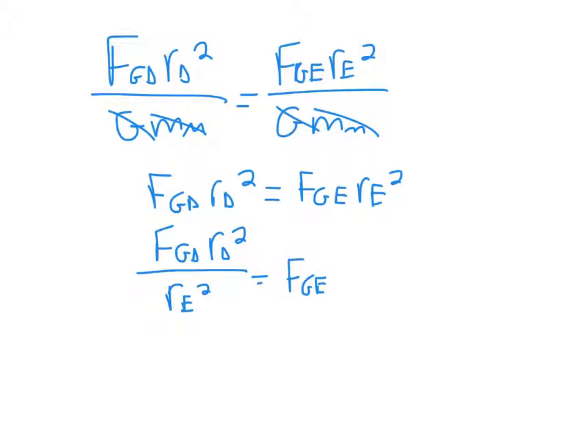Our given information told us that the radius of the Explorer was 2.1 times the radius of the Discover. So FgD times the radius of the Discover squared over 2.1 times the radius of the Discover squared equals FgE.